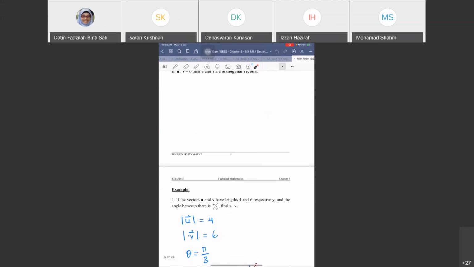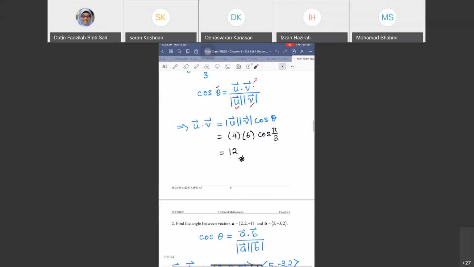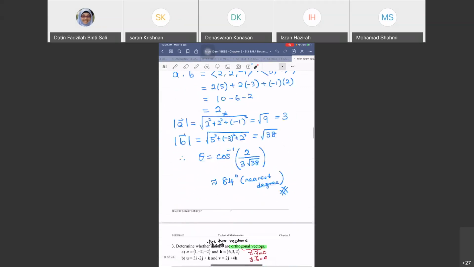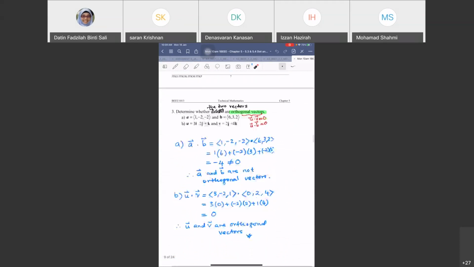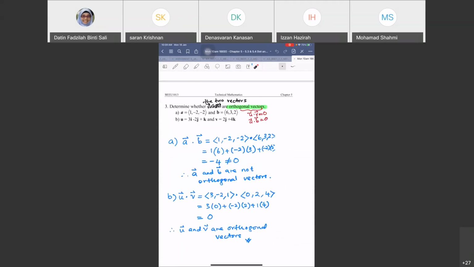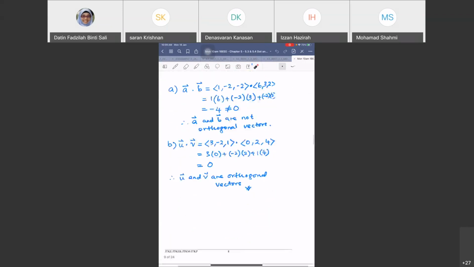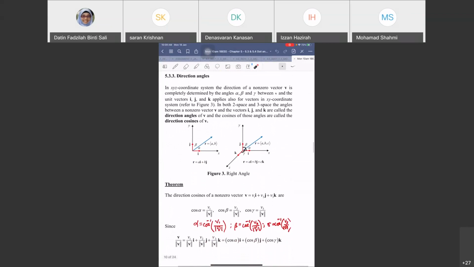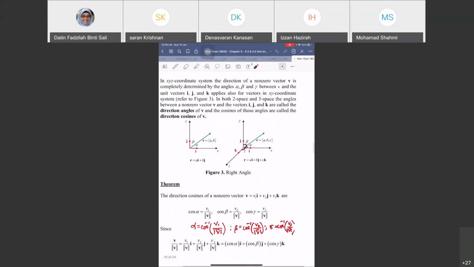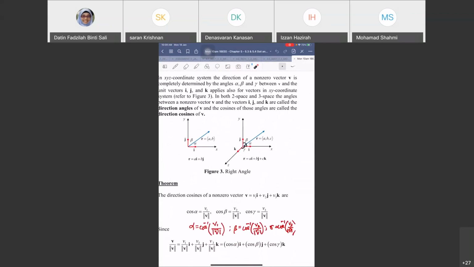We also looked at some examples last week on verifying whether two vectors are orthogonal or not. Then we have the concept of direction angles and direction cosines.